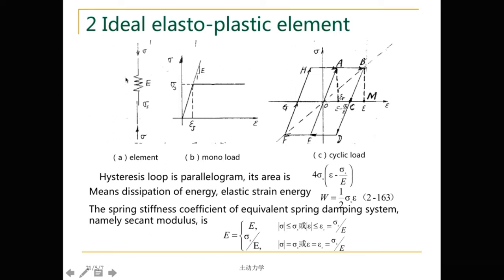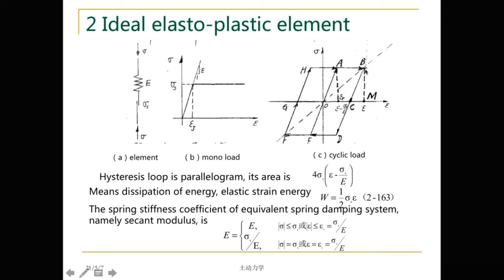Now we are applying a cyclic load. In the beginning, the load is not larger than the strength of the Coulomb body, and it follows the monotonic load. It will increase. At last, the load reaches the strength of the Coulomb body. Then the strain of the system will develop continuously. Because it's a cyclic load, the load will decrease.